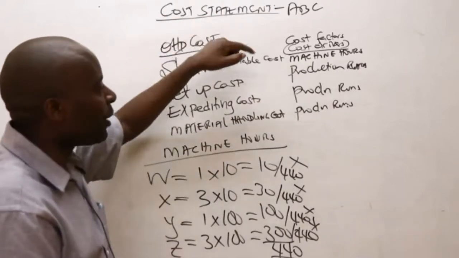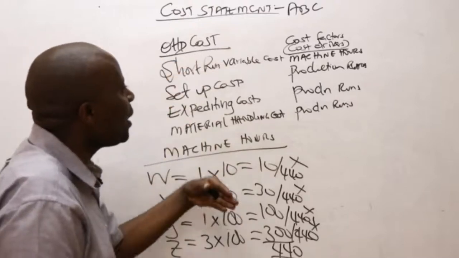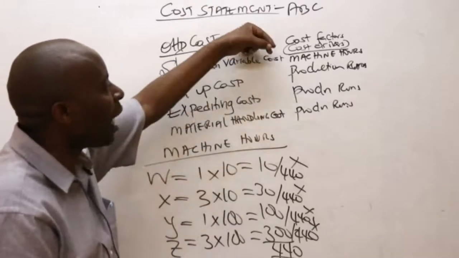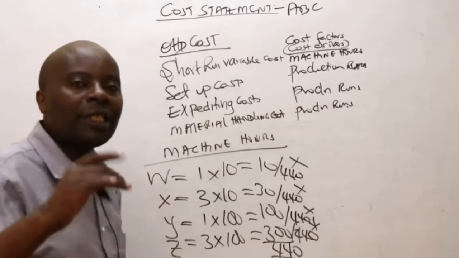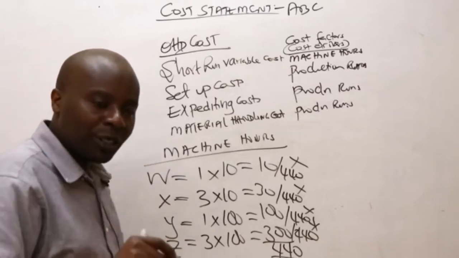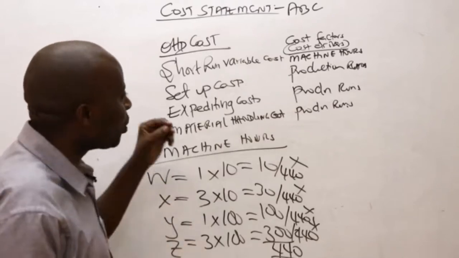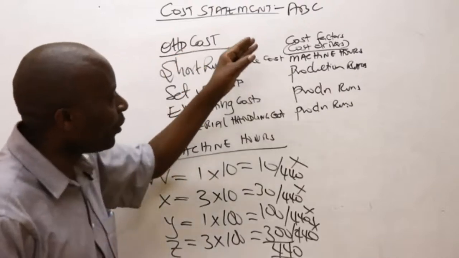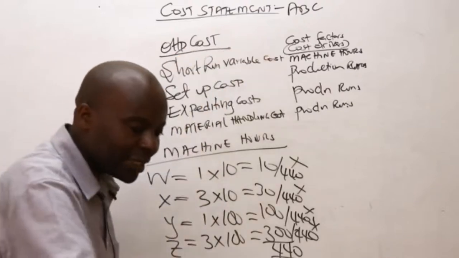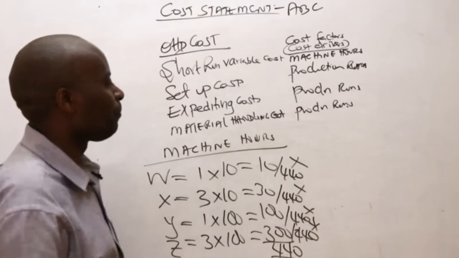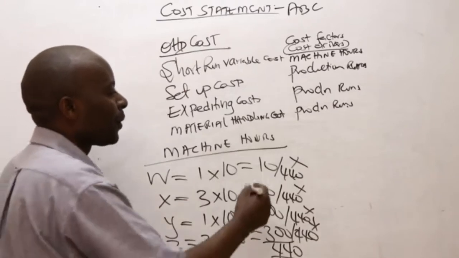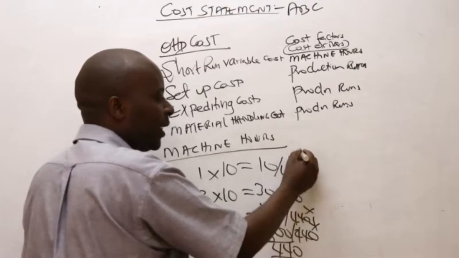Who is able to see the short run variable cost value from the table that you wrote down, the total short run variable cost that you want to apportion? Somebody give me the answer there. 3080.